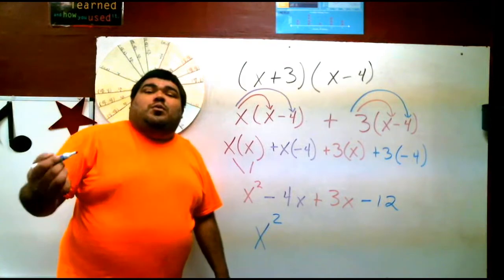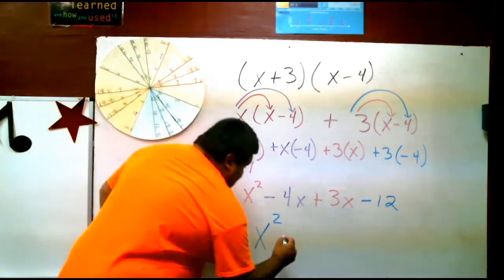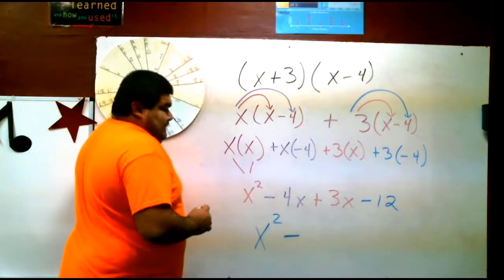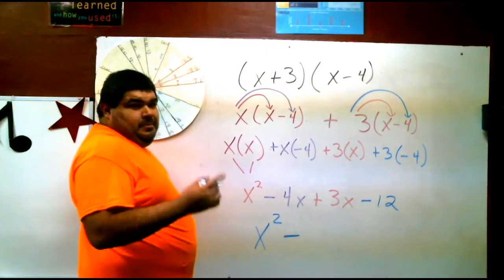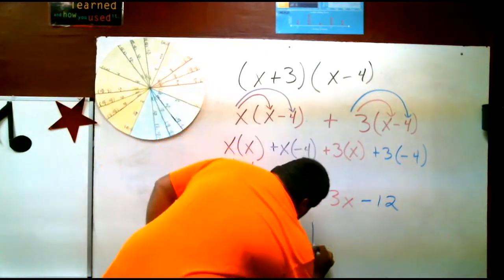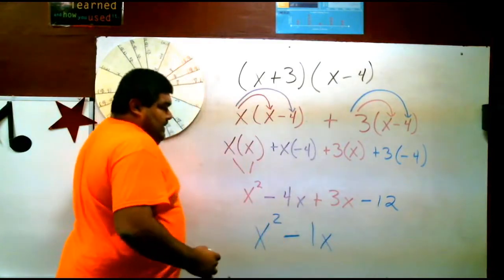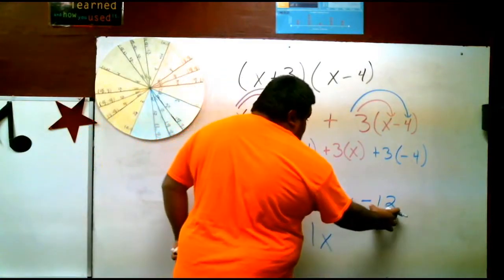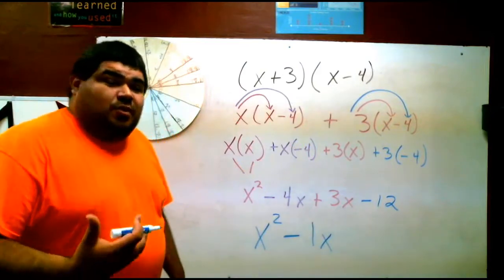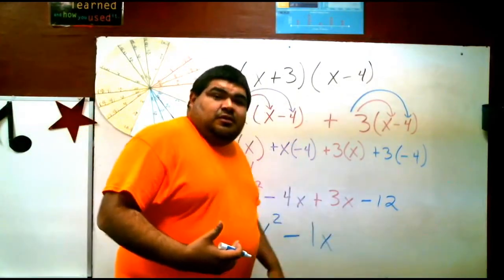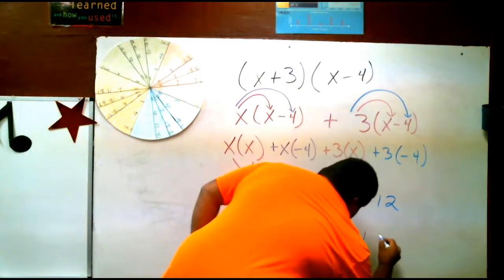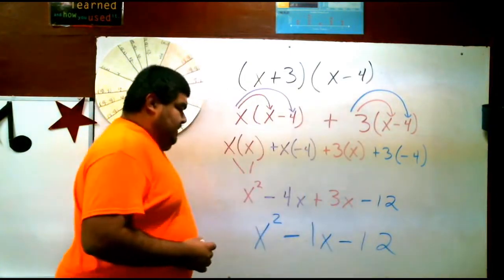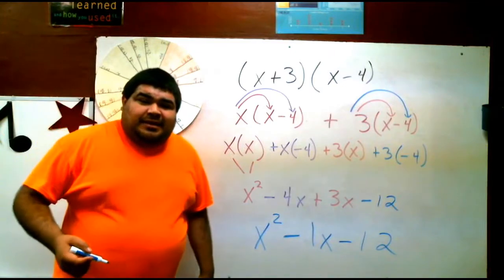The biggest one wins, which in this case is negative. So negative 4 plus 3 is negative 1, so negative 1x. And then finally, your constant. Since there's no other constant, we just bring it down. So minus 12. Since nothing else can be combined, that is our answer.